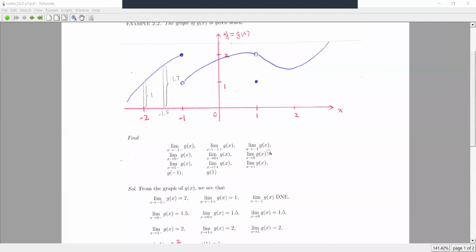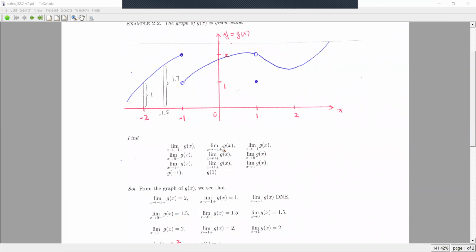The third limit is a both-sided limit. X approaches negative 1. X can approach negative 1 from the left side, from the right side, or even by jumping around negative 1.